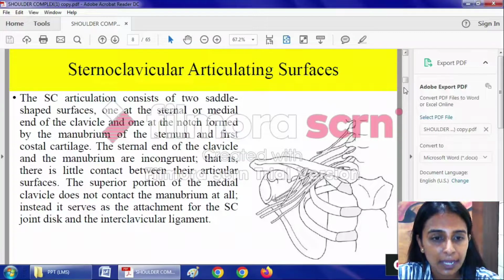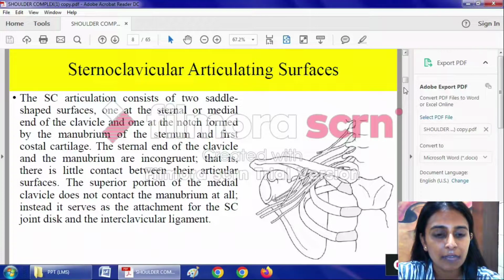The sternal end of the clavicle and the manubrium are incongruent, that is, there is little contact between their articular surfaces. The superior portion of the medial clavicle does not contact the manubrium at all. Instead, it serves as the attachment for the SC joint disc and interclavicular ligament.